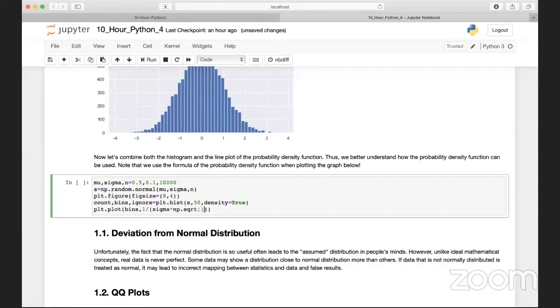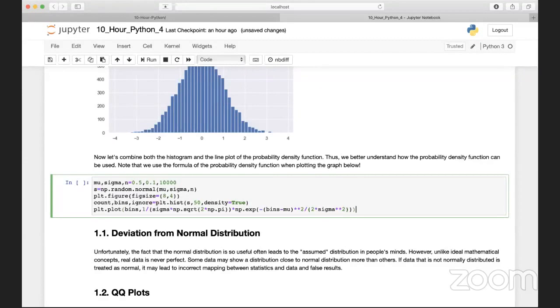I can use the built-in function, but it might be more helpful for you. np.pi, np.exp, minus, I will explain this, bins minus mu squared over 2 times sigma squared.